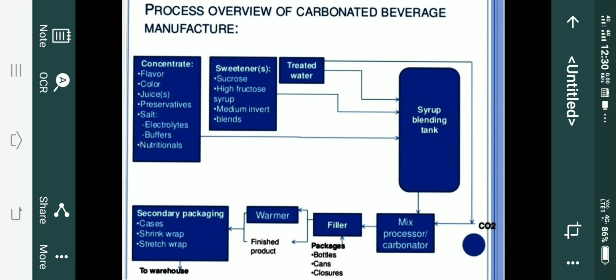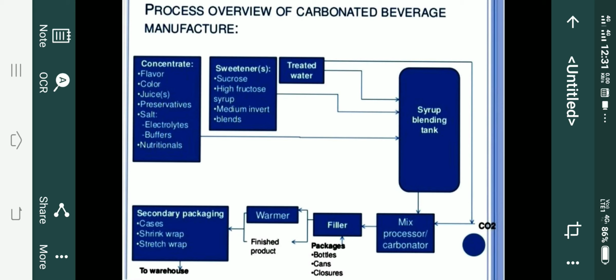From here is the post-mix process. As we can see, half of the water is going to the syrup blending tank, where sweetener and concentrates are added to the treated water, and the other half of the treated water goes to the mix processor or carbonator, where carbon dioxide is added. Now the syrup from the syrup blending tank also goes to the carbonator and then to the filler, where bottles, cans, closures, packages are there and they are filled.